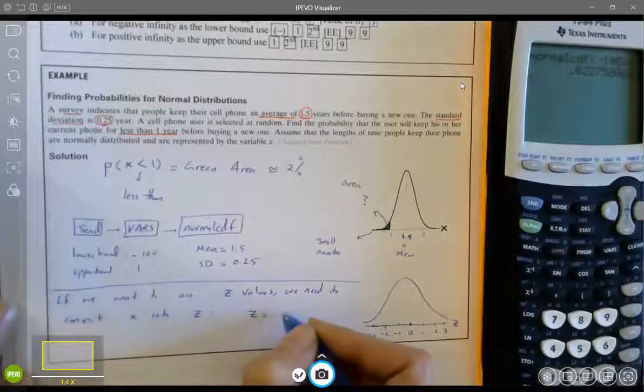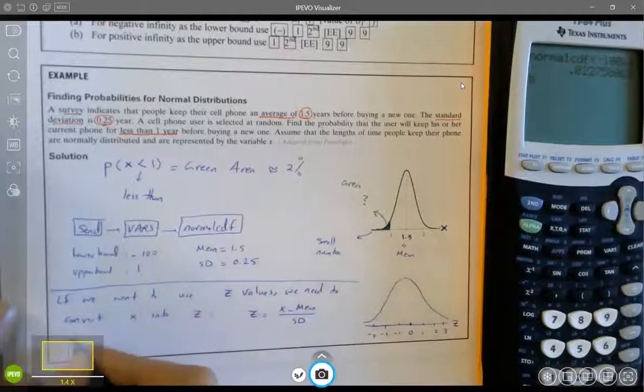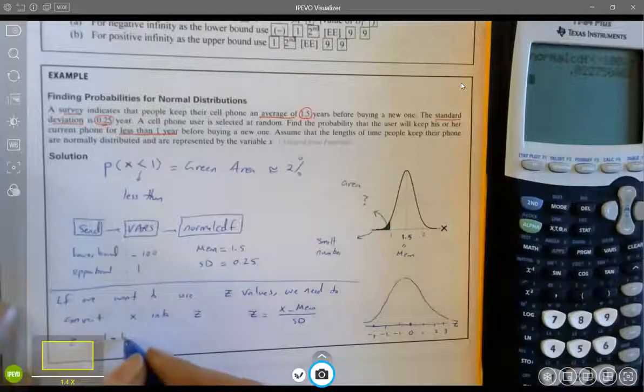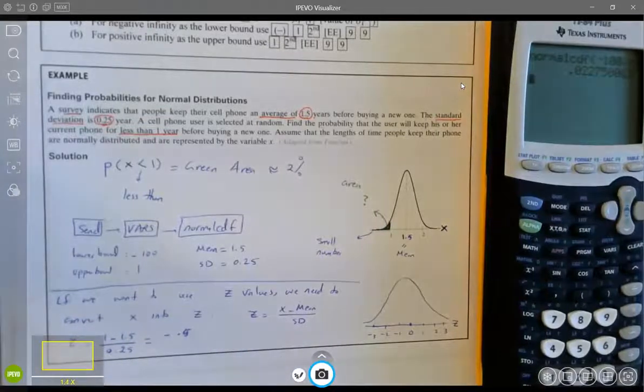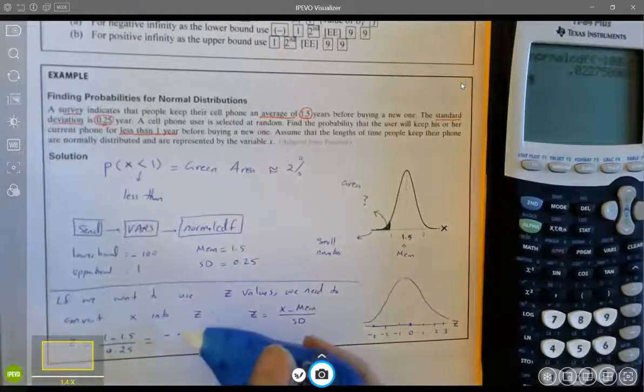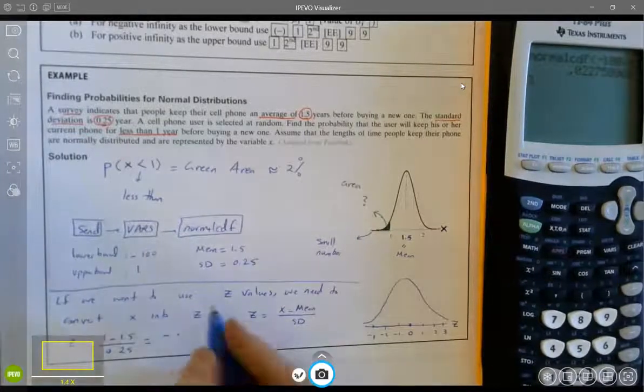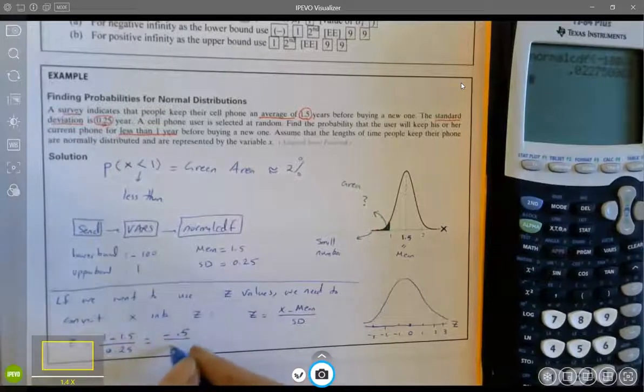We need to convert X into Z. Remember that Z was X minus mean divided by standard deviation. So Z is equal to X is 1, 1 minus mean is 1.5, divided by standard deviation, 0.25. Negative 0.5 divided by 0.25.